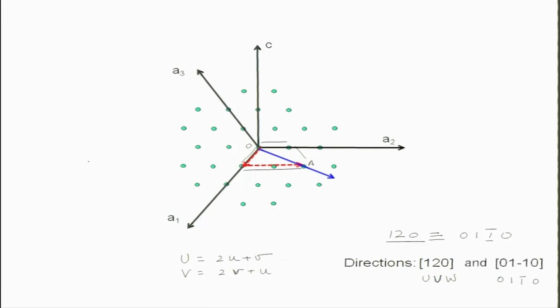The home exercise would be, for example, you can try drawing 1 0 0 plane, 0 1 0 plane, this is in 3 coordinate system, and 1 1 0 direction, 1 1 1 directions, this is 3 coordinate system.